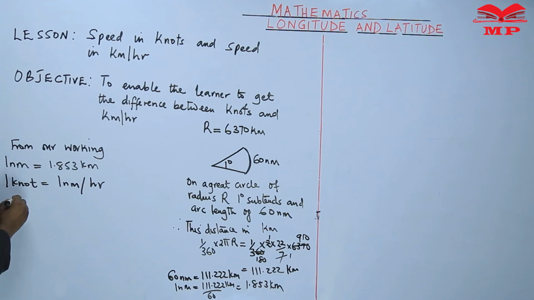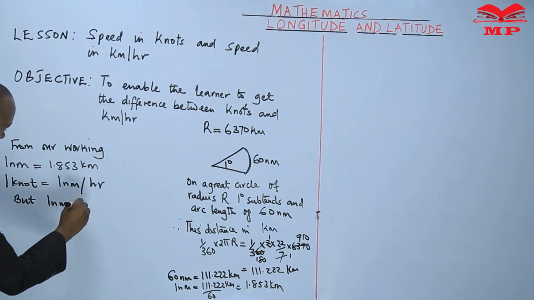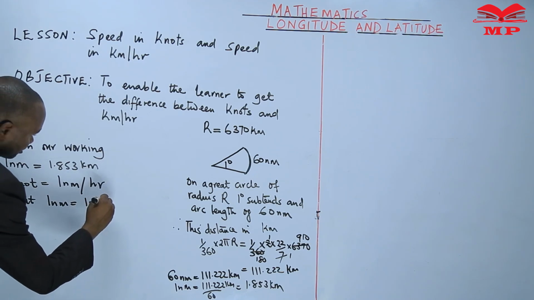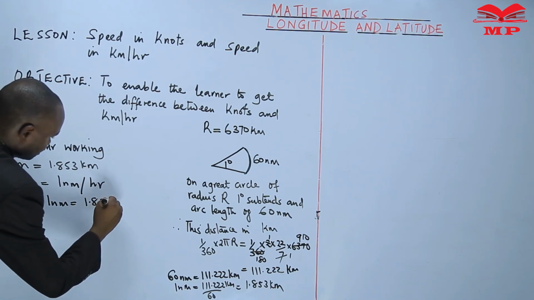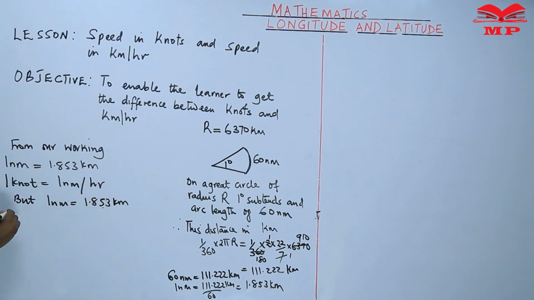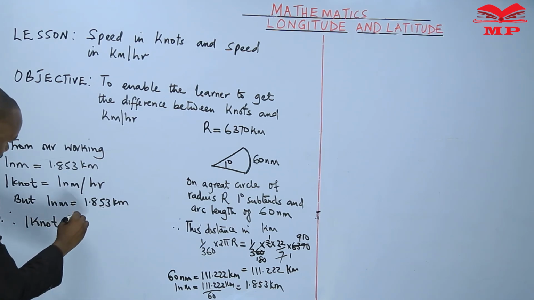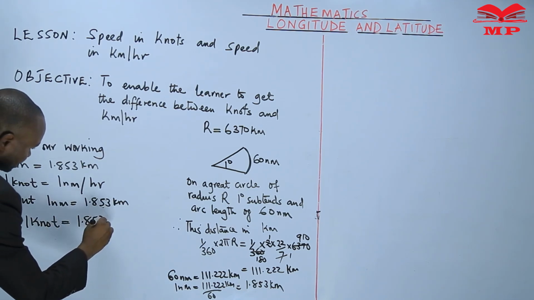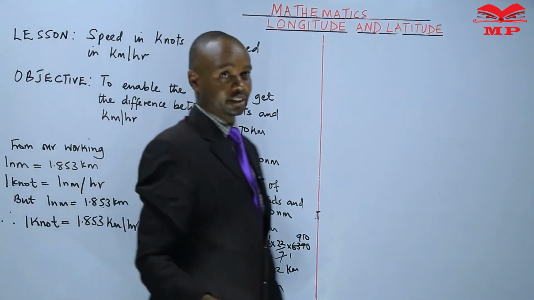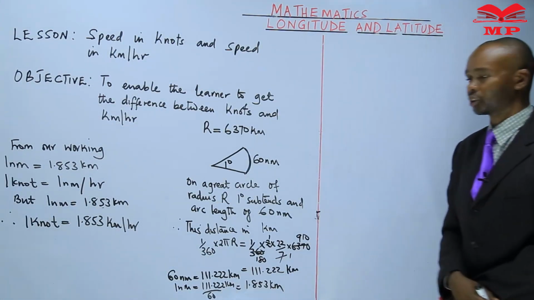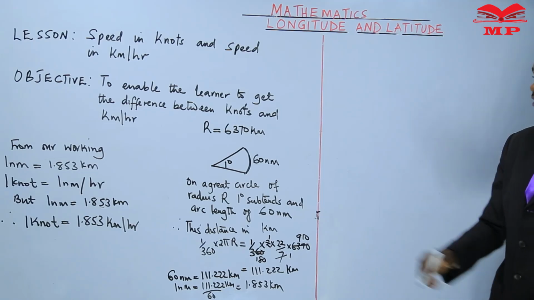But 1 nautical mile, we've seen, is equal to 1.853 kilometers. Therefore, 1 knot is equal to 1.853 kilometers per hour. So learner, there you have derived the relationship from the very basics.